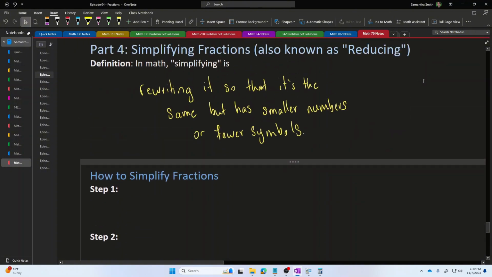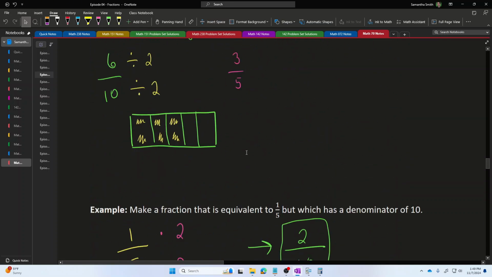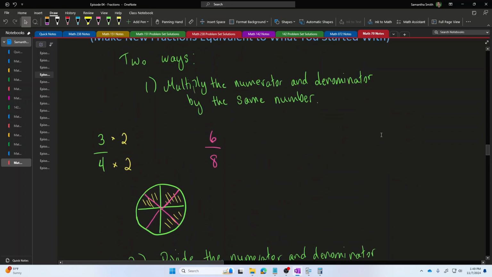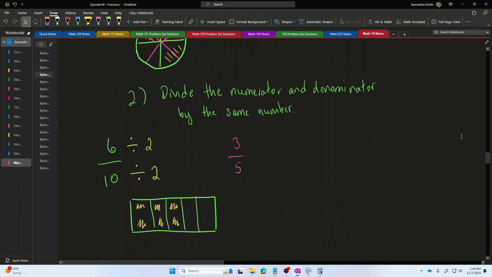Now, we know that when we're rewriting fractions, there are only two possible moves, right? There are only two possible ways to rewrite a fraction. Way number one is to multiply the numerator and denominator by the same number. Way number two is to divide the numerator and the denominator by the same number.